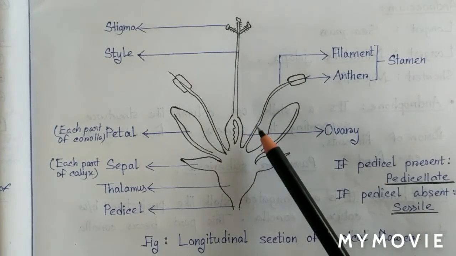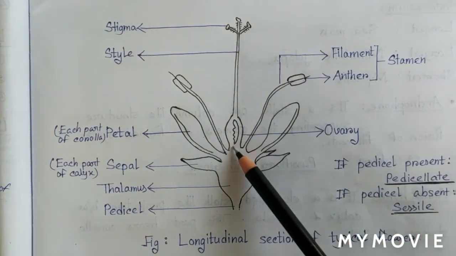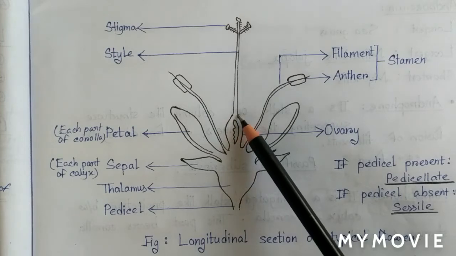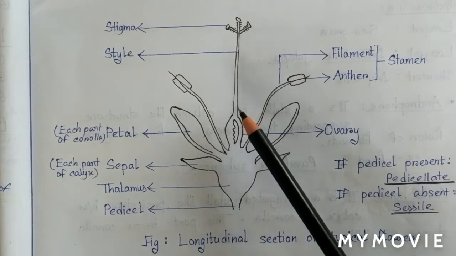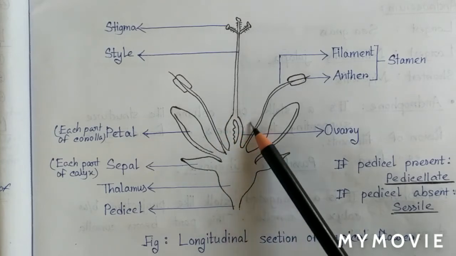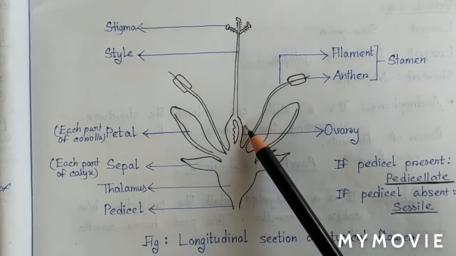Now we come to gynoecium, means female reproductive part. This is female reproductive part. This is the fourth whorl of the flower. It is also known as pistil. Each part of pistil is known as carpel. The swollen lower part, means this region, is known as ovary.